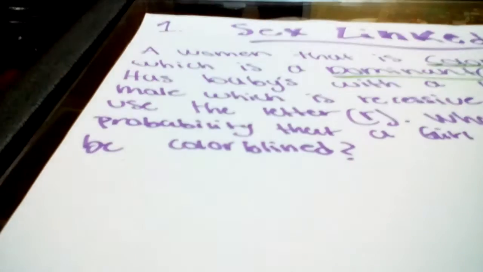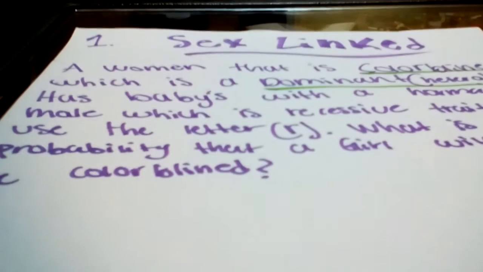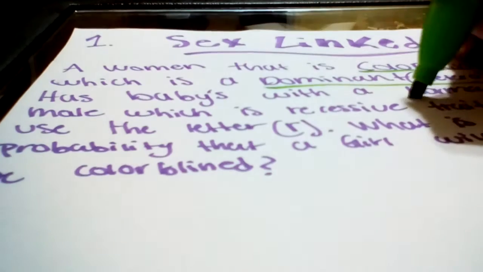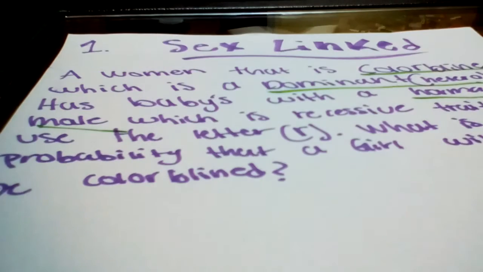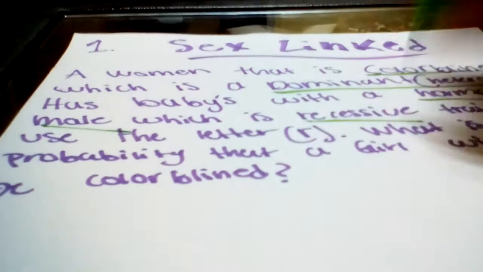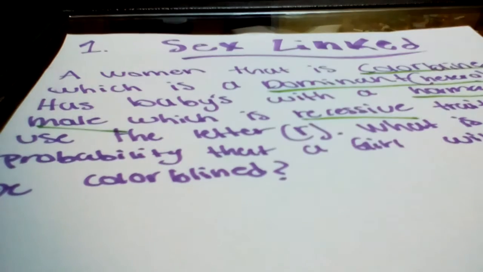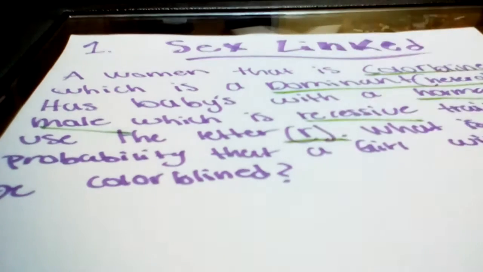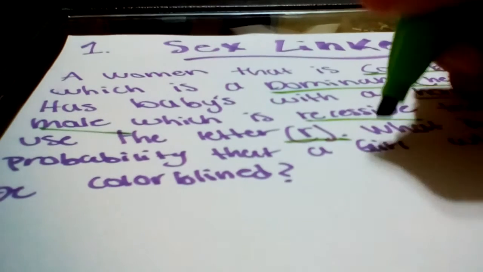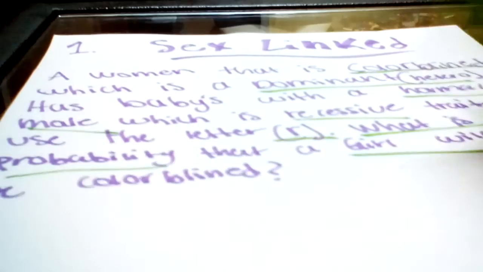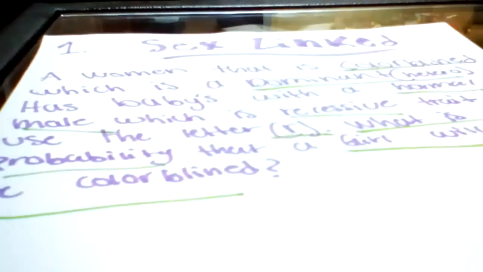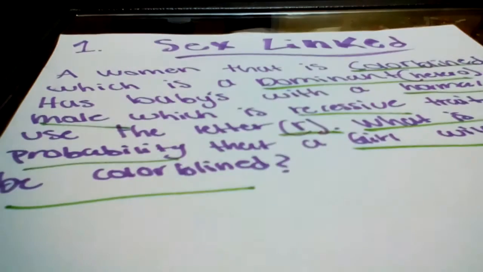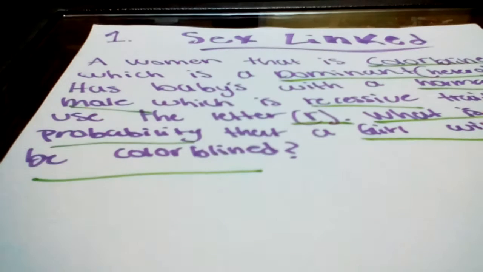It says she has babies with a normal male, and that is recessive. So we're going to use the letter R in this case. What is the probability that a girl will be colorblind? After that, we need to take that information and put it in.